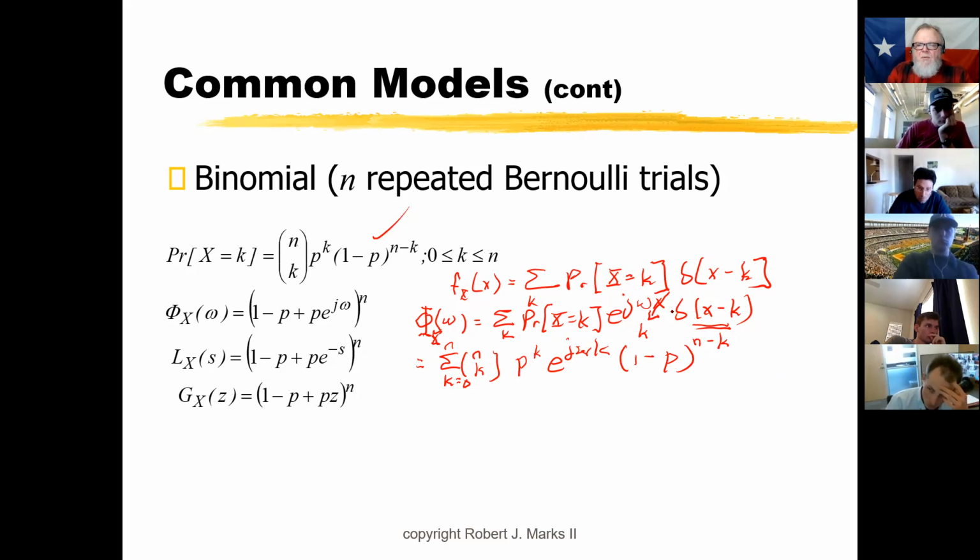I'm sorry, these deltas go away, don't they? Never mind. There are no deltas in the frequency domain. It's just the probability density function times e to the j omega k.